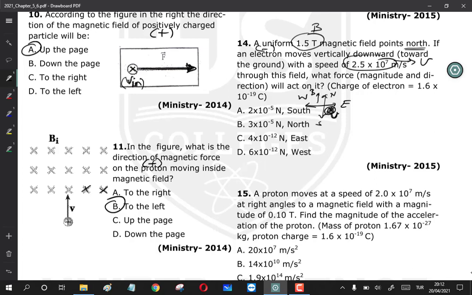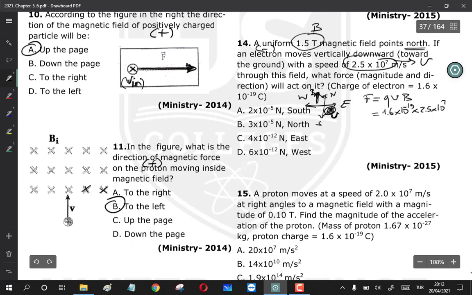First, calculate the magnitude of the force. Because the magnetic field is horizontal and the velocity is vertical, they are perpendicular. Then the magnetic force is maximum on the charge, so use the maximum magnetic force equation, Q times V times B. Q, the charge of the electron, is 1.6 times 10 to the power of negative 19. V is 2.5 times 10 to the power of 7.